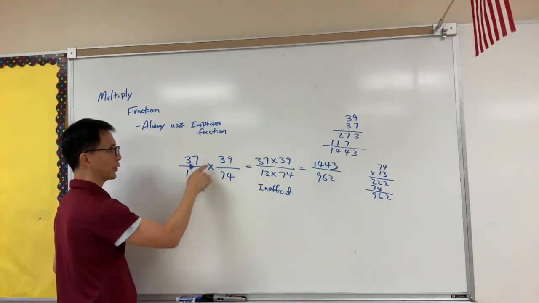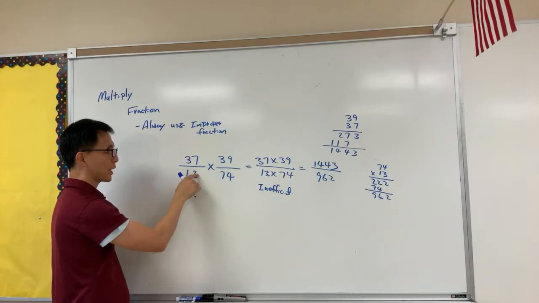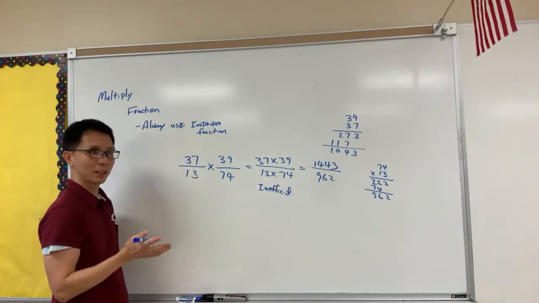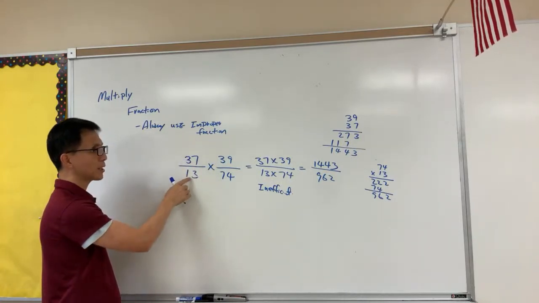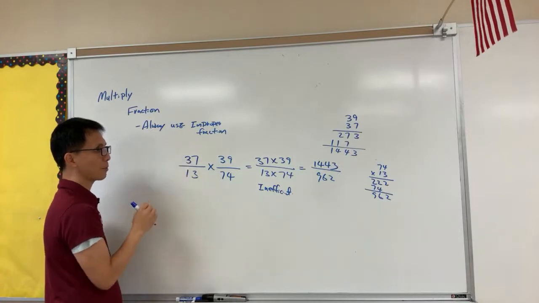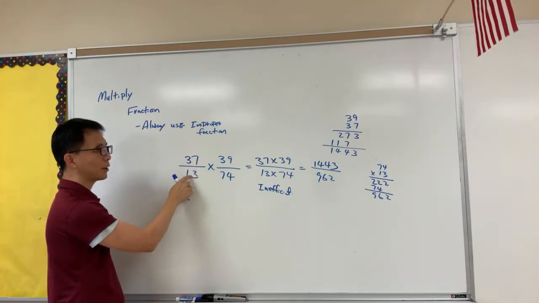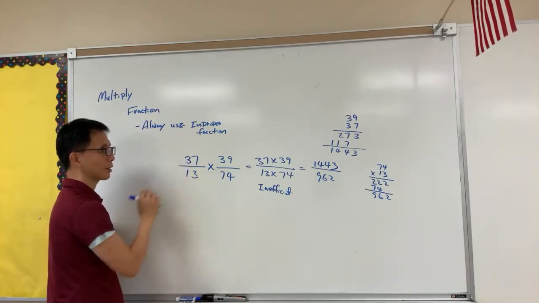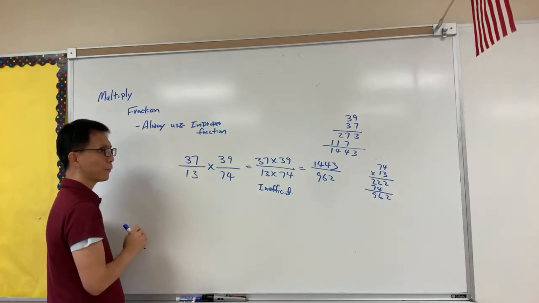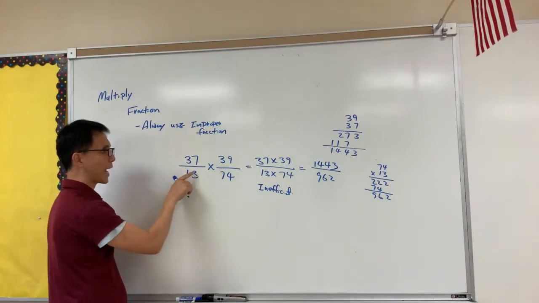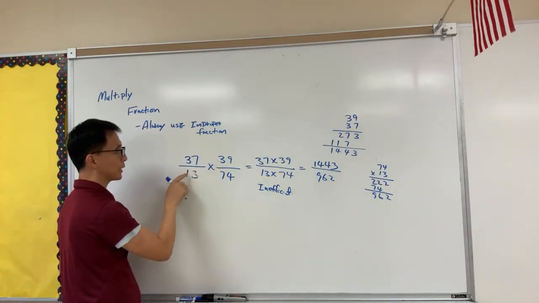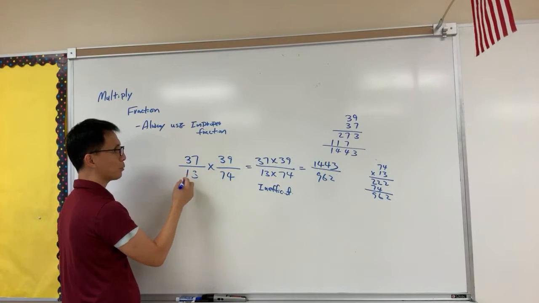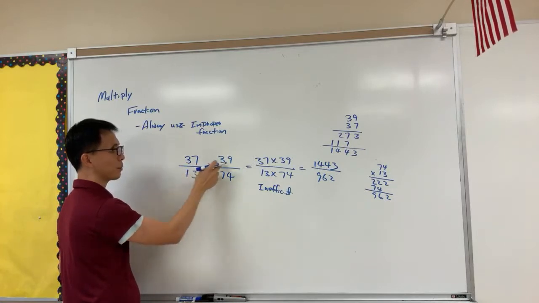So let's look at 13 and 39, and let's look at 13 and 37. Do they have a common factor? 13 is a prime number and 37 is a prime number. So those two probably don't have a factor in common. But if I look across diagonally, 13 and 39, let's see if they are both divisible by a number.